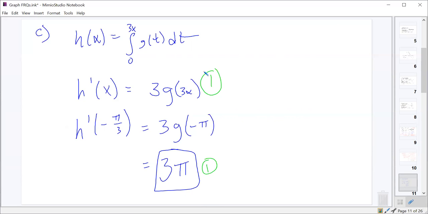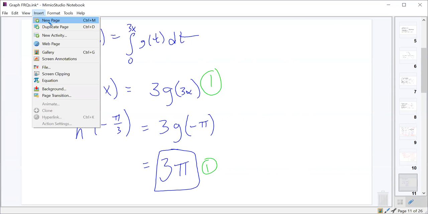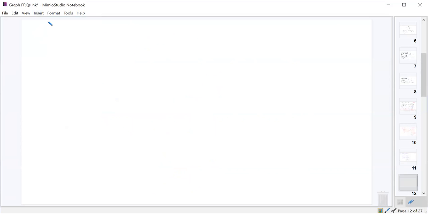All right, any other questions on the graph FRQs before we move on to the multiple choice? Cool. All right, in that case, let's move on to the multiple choice.